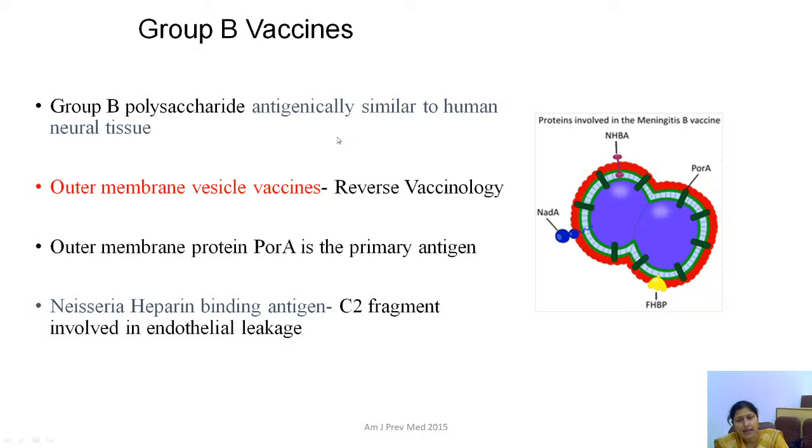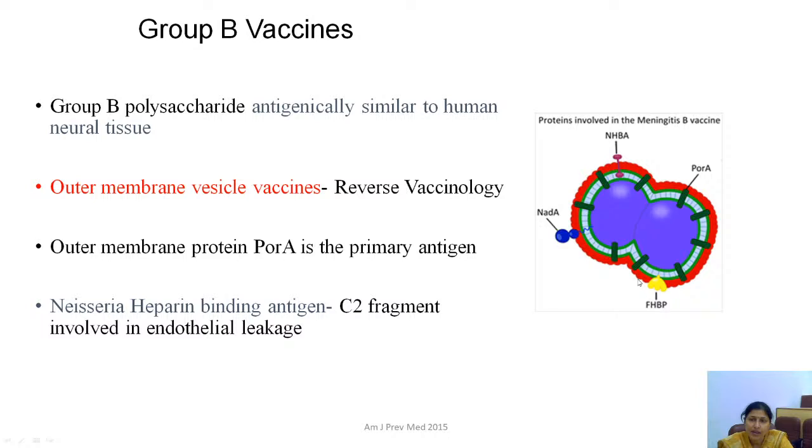Group B, as I told in the beginning, there is no group B polysaccharide vaccine, but gradually it was targeted, and they found that group B polysaccharide is antigenically similar to human neural tissues. The outer membrane vesicles are targeted for this group B vaccine by the method of reverse vaccinology. What is reverse vaccinology?